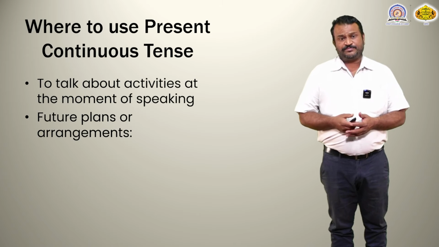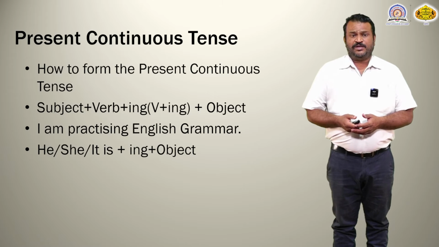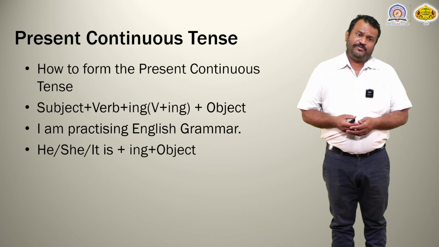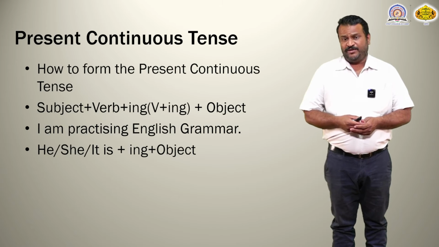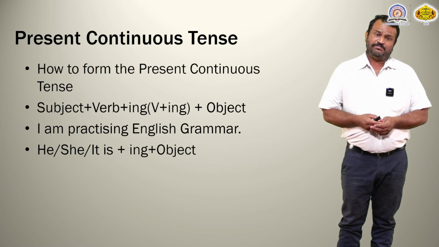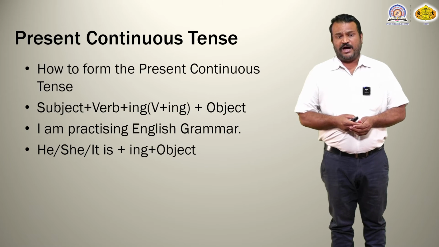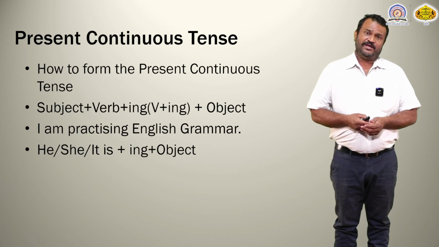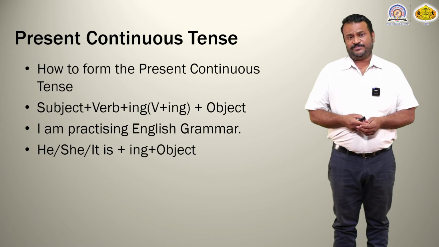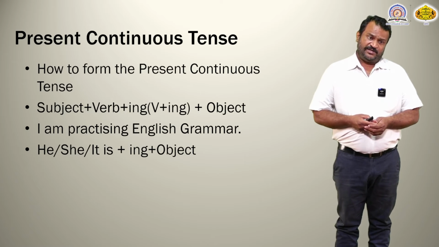And then we use we, you, they plus are plus V-ing plus object. For example, they are walking in the garden. They are quarreling.